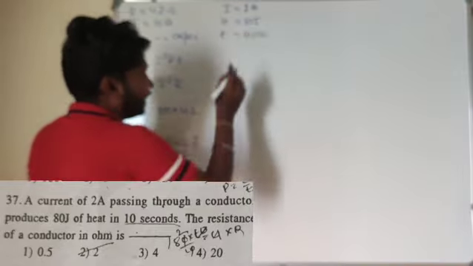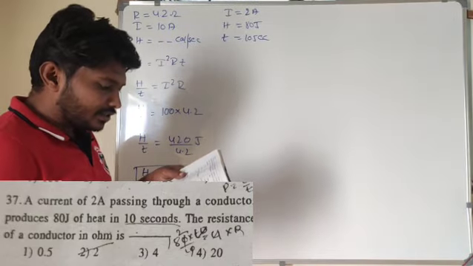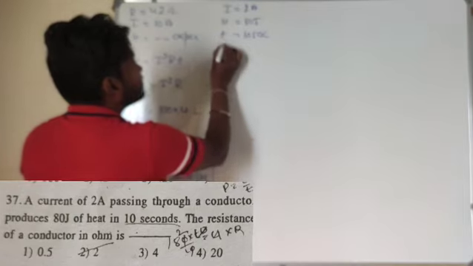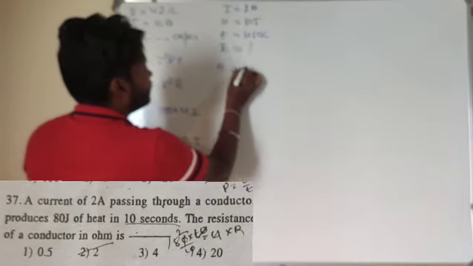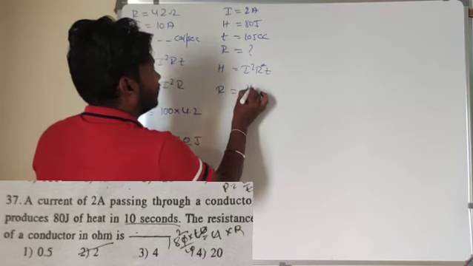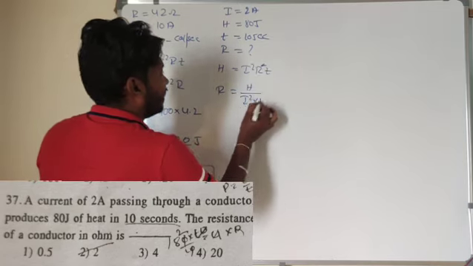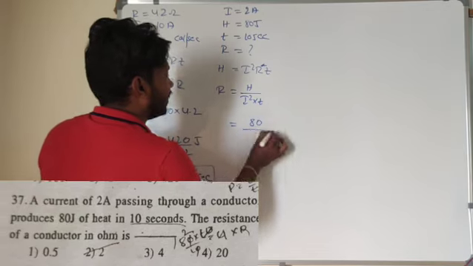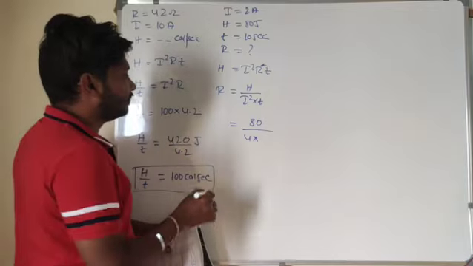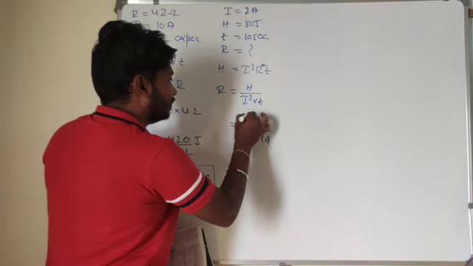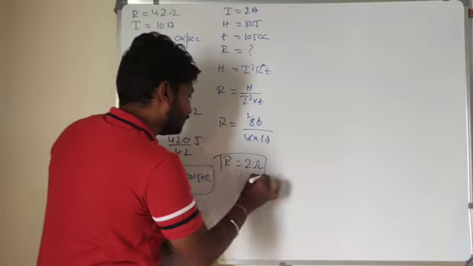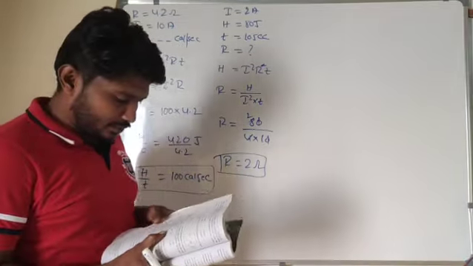The resistance in ohm is what I want to find out for that given conductor. Shall I use the same formula? H equals I square R into T, where R is equal to H divided by I square into T. H value is 80, I square is I into I, so 4, and time value is 10 seconds. So the resistance of the given conductor is 2 ohm.